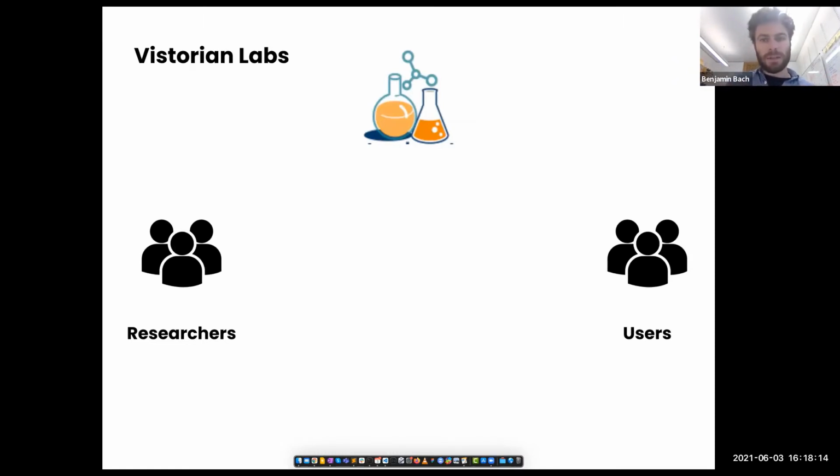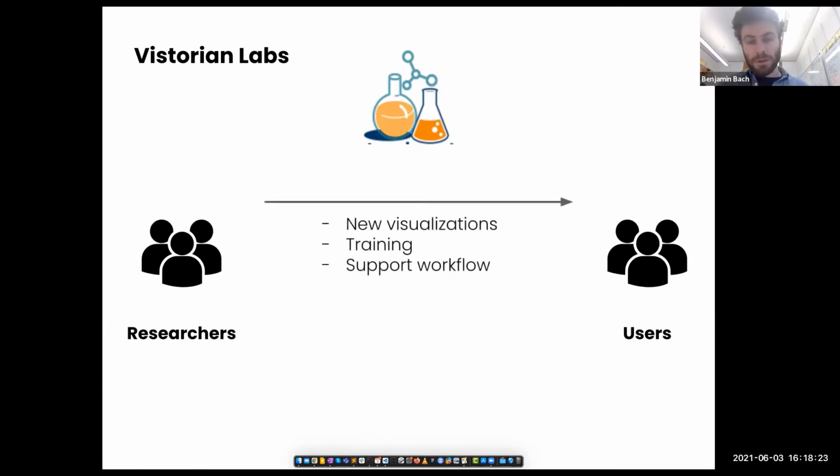On the other side, we would be interested in working with you to help you create your networks, and to provide you with new visualizations from our own research. We want to provide you with training, because we think it's very important that there is a resource where you can learn about these visual representations, especially if they are exotic, like the adjacency matrix or specific map visualizations.